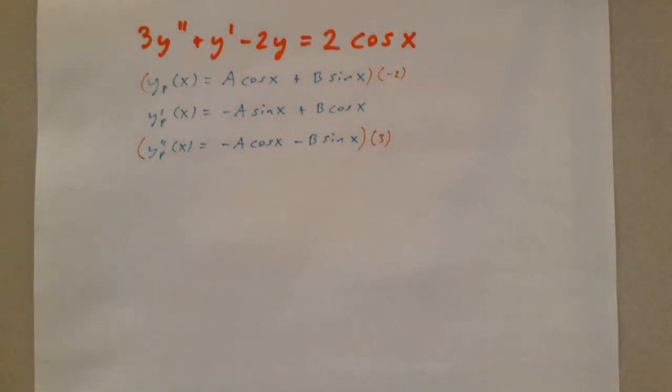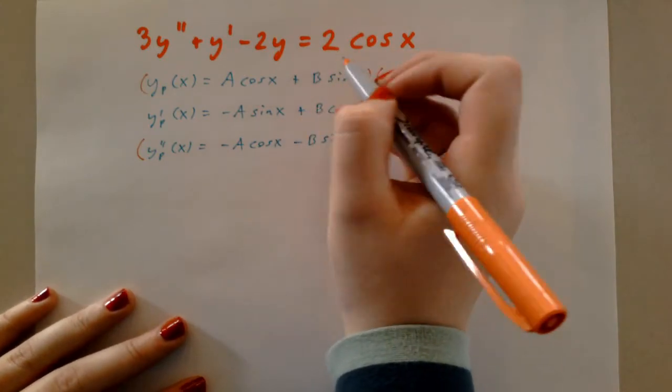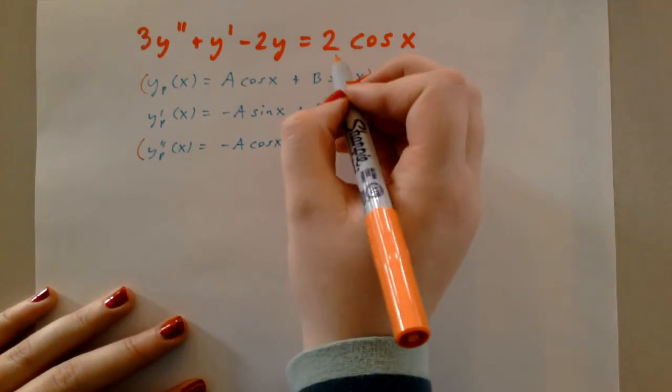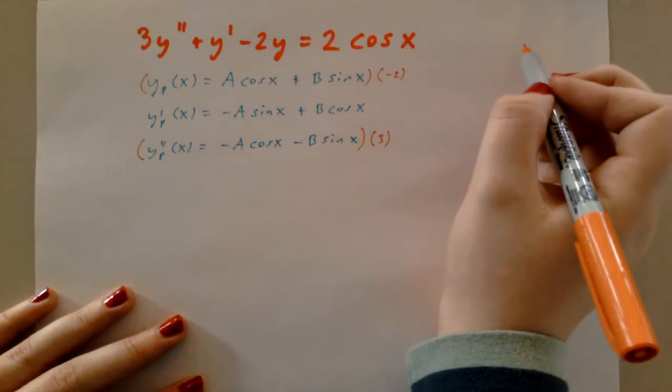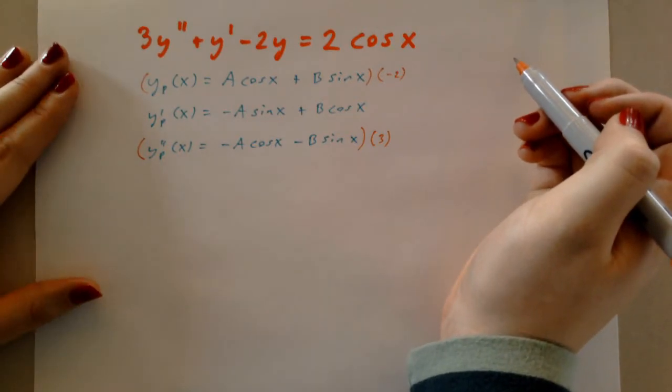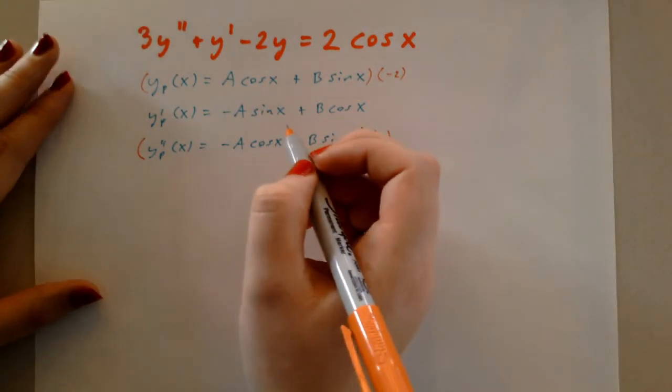Now, just like before with the different powers of x, we need to collect our cosine terms and our sine terms together so that the coefficients can be set equal to the appropriate numbers. From here, we know that all of our cosine terms need to add up to 2, and all of our sine terms, since we don't have any, need to add up to 0. So we'll start with our cosine terms.